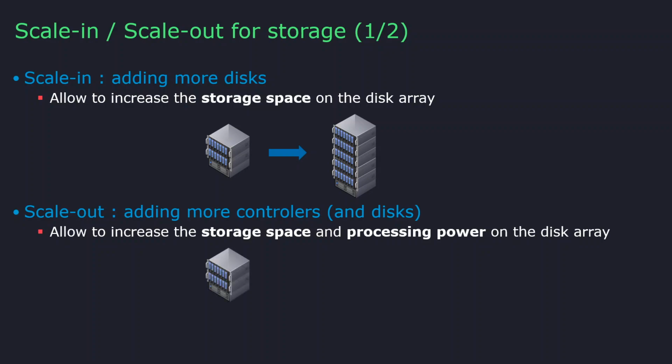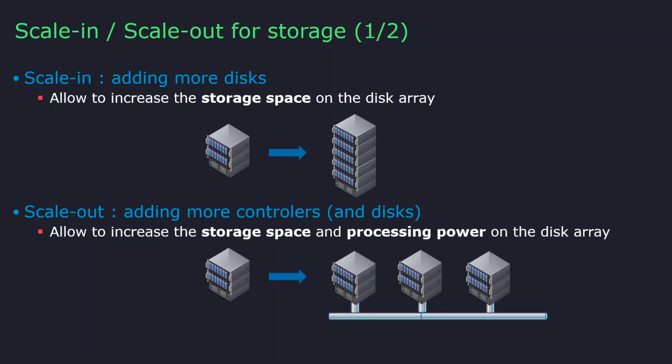You can start again with a single controller, having, for example, 2 disk trays, and then instead of just adding disk trays, you can add several other disk controllers, each of them having their own storage, but it will be seen as a single disk array in terms of administration for the server or the application connecting to that controller.